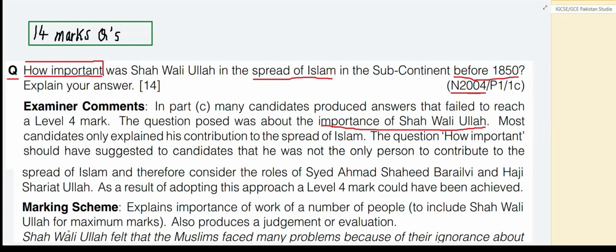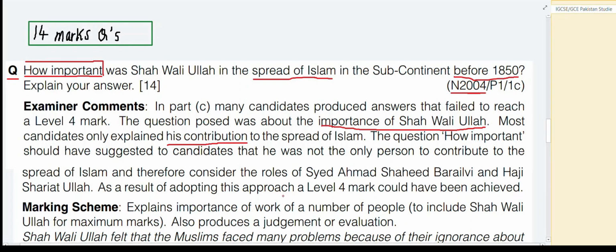Then most candidates only explained his contribution to the spread of Islam. Remember, how important should have suggested to candidates that he was not the only person to contribute to the spread of Islam, and therefore consider the roles of Sayyid Ahmad Shahid Brelvi and Haji Shariatullah.